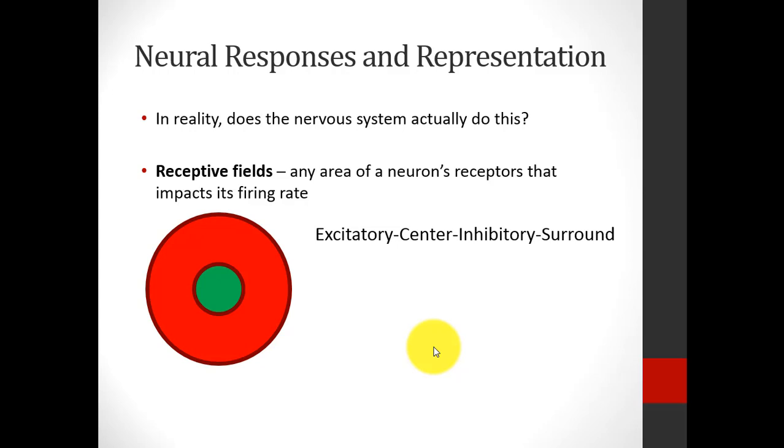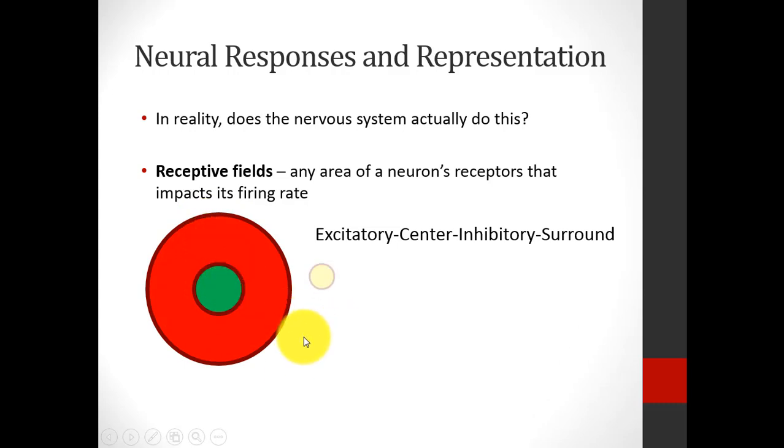And given that we're all fairly accustomed to green and red, meaning green go and red stop, if you look at the excitatory center, the center of this receptive field is green. Any stimulation that falls in there should increase the firing rate. Then if you have stimulation that falls in the red inhibitory surround, that's going to decrease the firing rate.